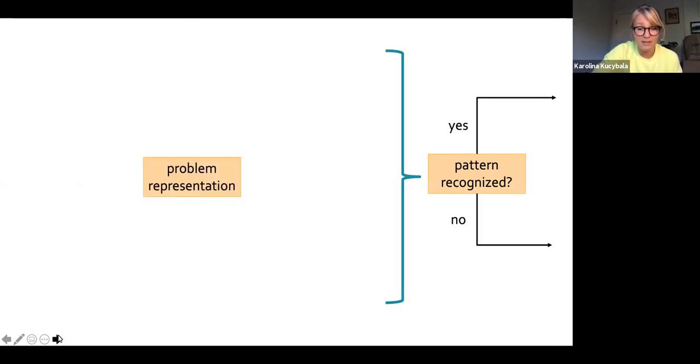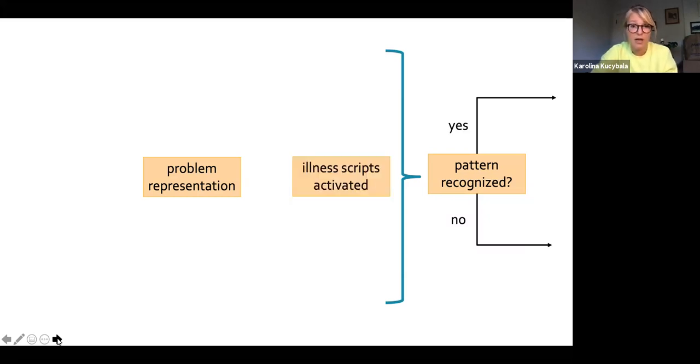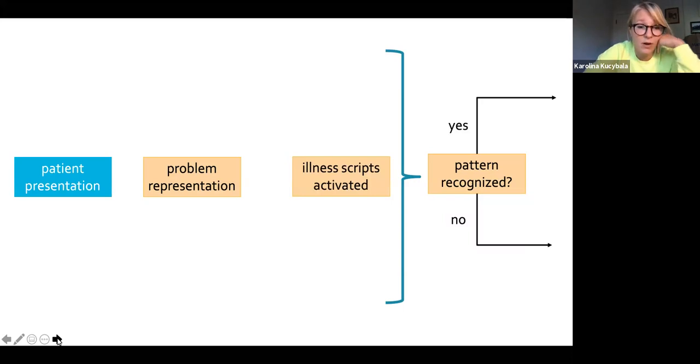When you see a patient in clinic or in the hospital, it's really key to actually consciously make a problem representation for yourself. When you have that patient in front of you, you make that problem representation because it will activate a series of illness scripts for your differential.